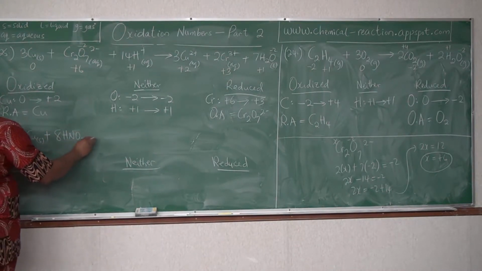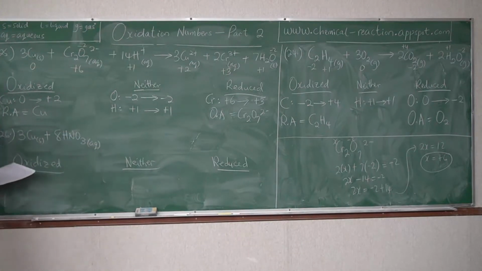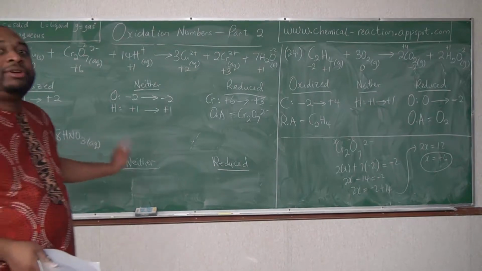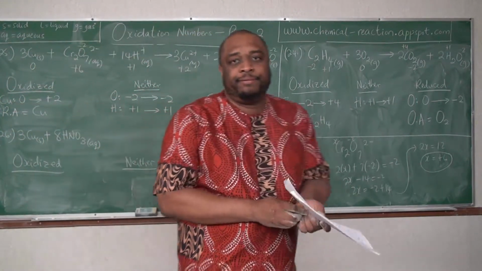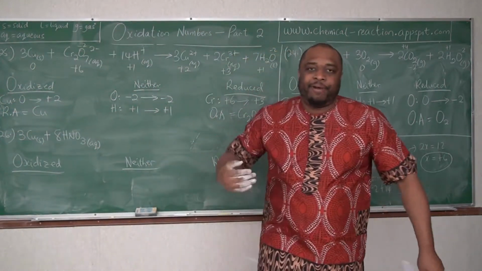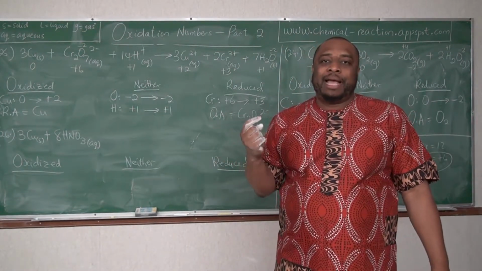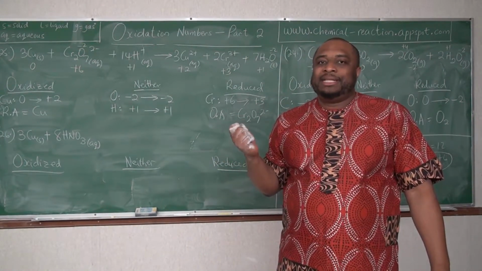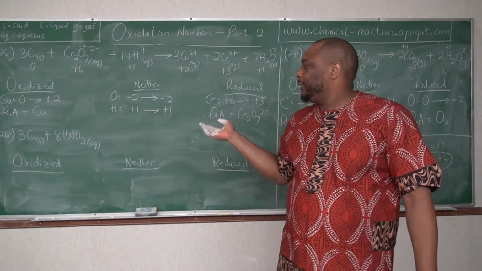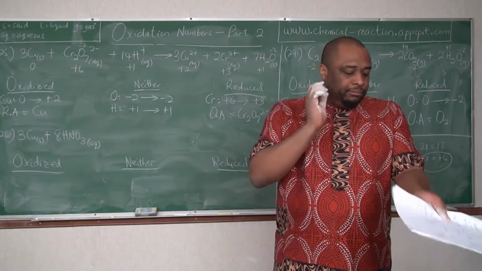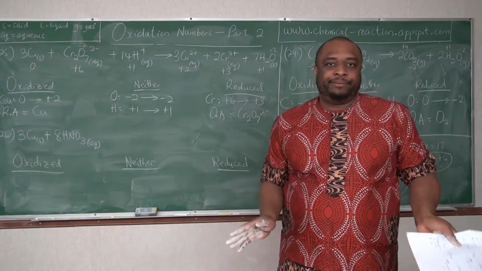Nitric acid, trioxonitrate 5 acid, is a strong acid. It's very corrosive. If you touch it on the skin, it burns the skin.